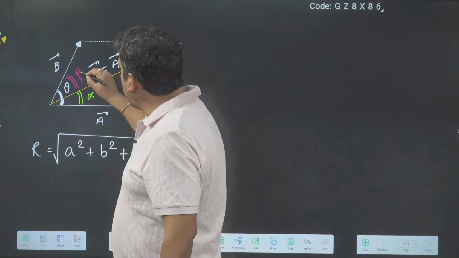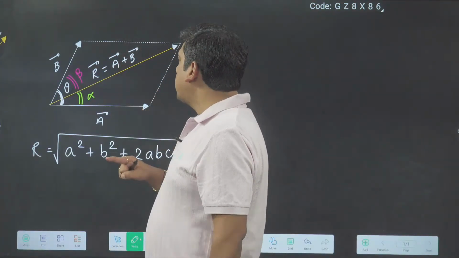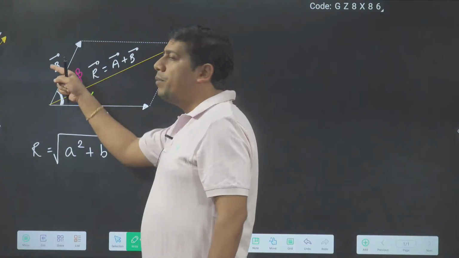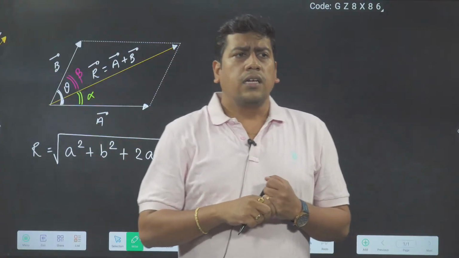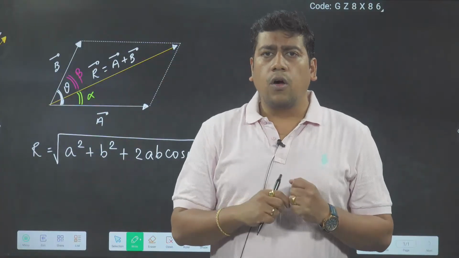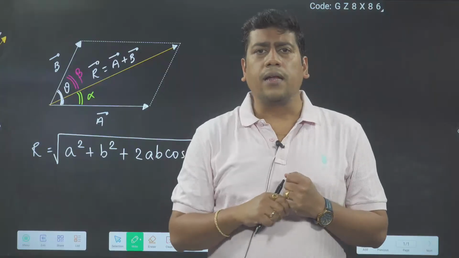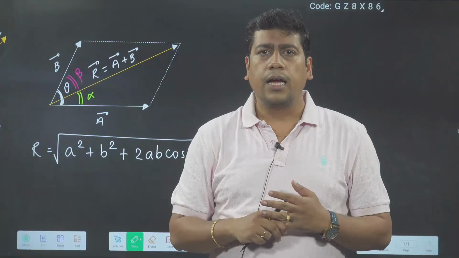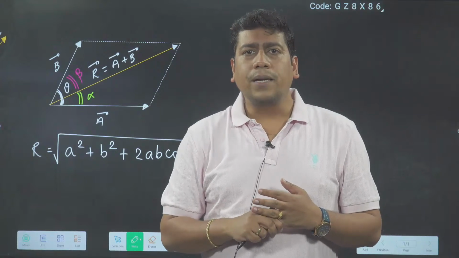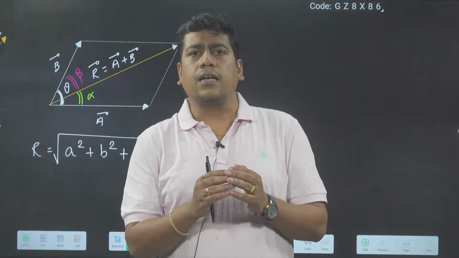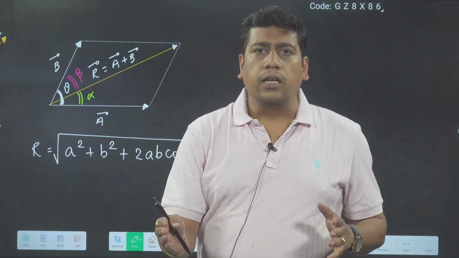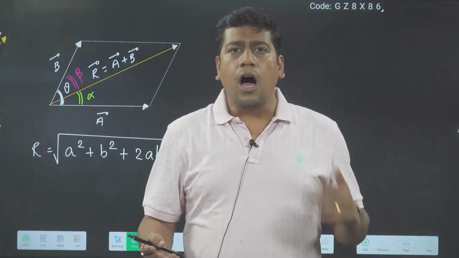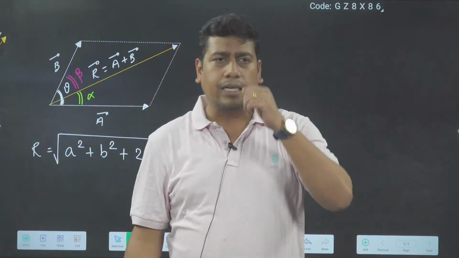Either you can find this alpha between R vector and A vector, or you can find beta between R vector and B vector. Now you should ask a question, कि sir, how angle represents direction? You are asking find direction of R vector, then you are giving me some angle. How angle means direction? Please understand.